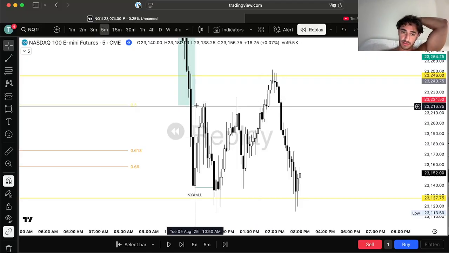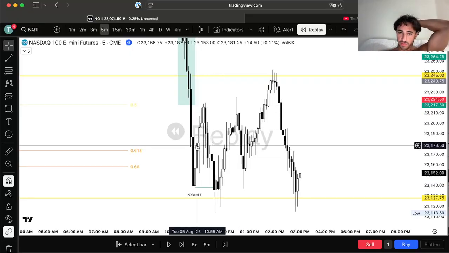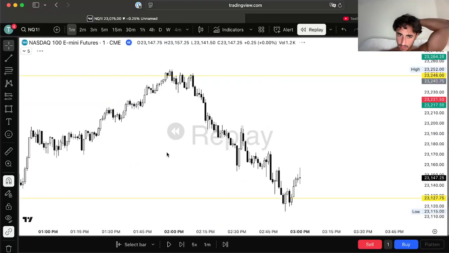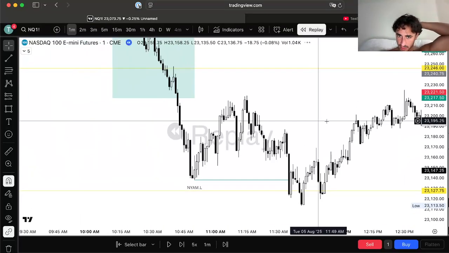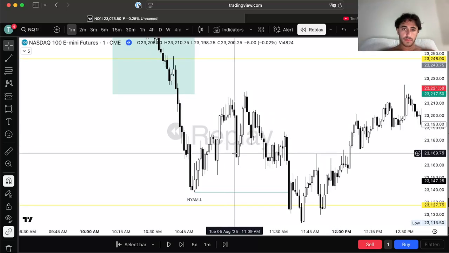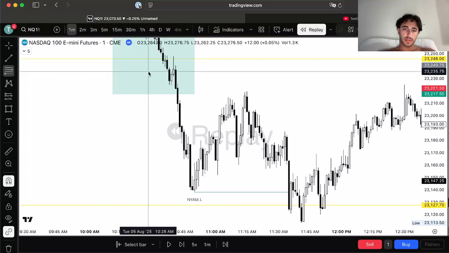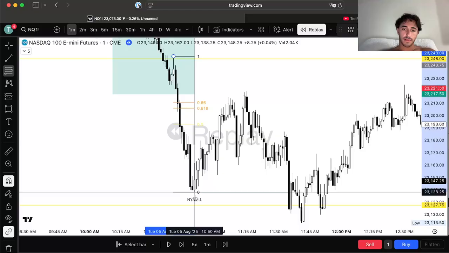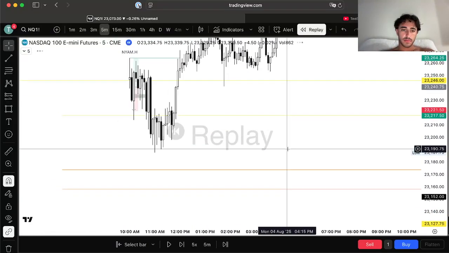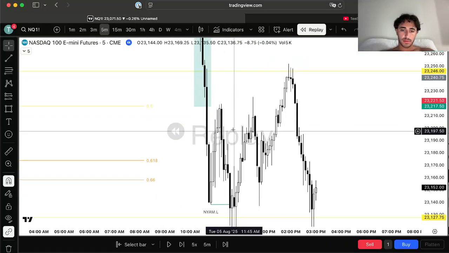You could have taken this short down here. Once we flip this, retested. If you were looking for a continuation, the reason why I wouldn't have taken it right here is because we had a 5-minute that did not inverse yet, which was right in here.